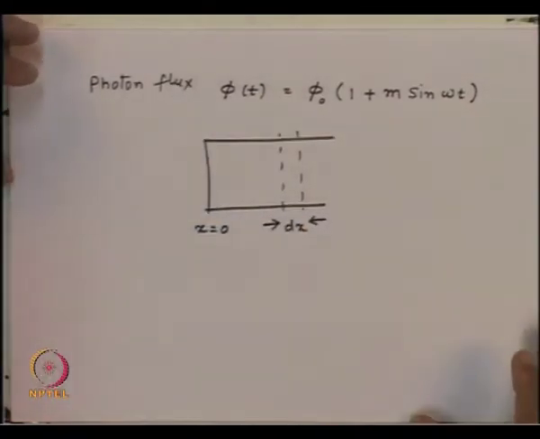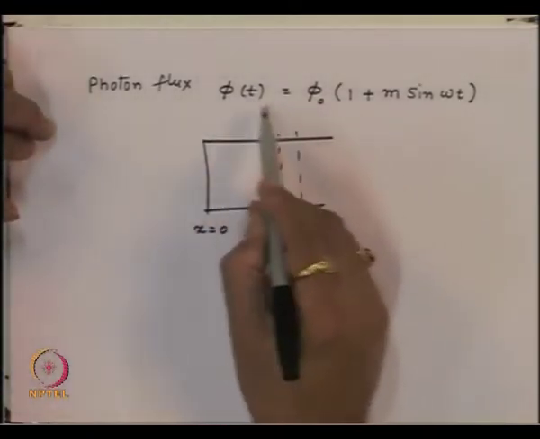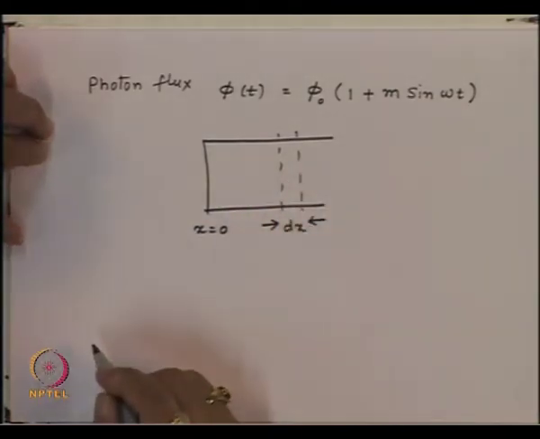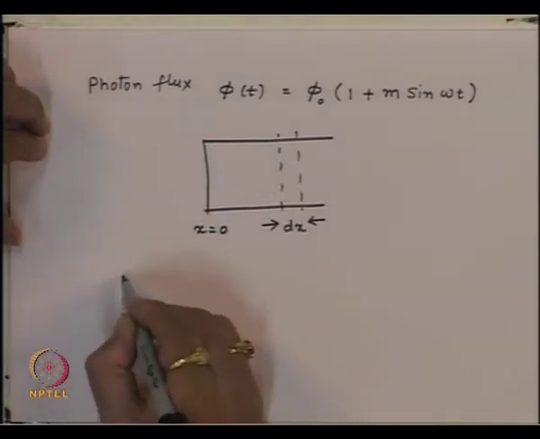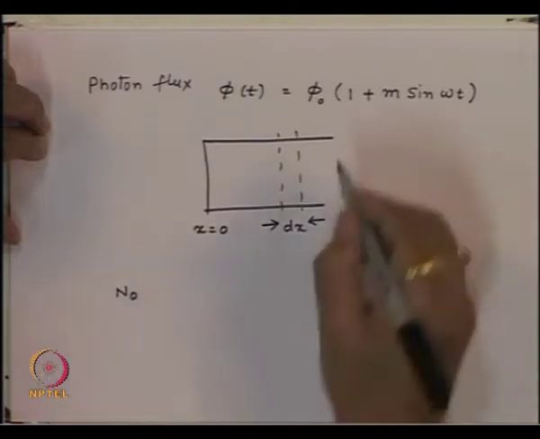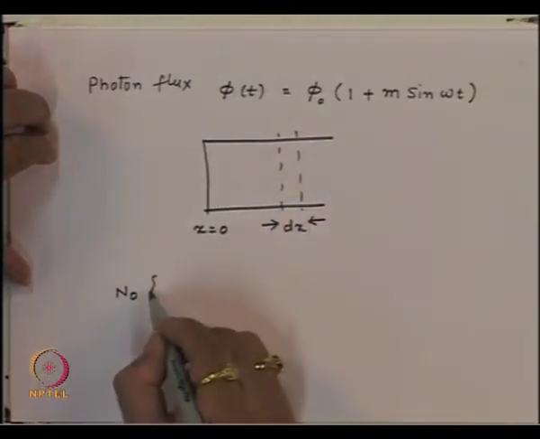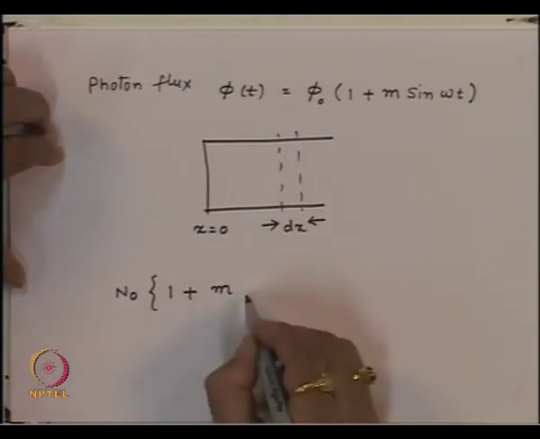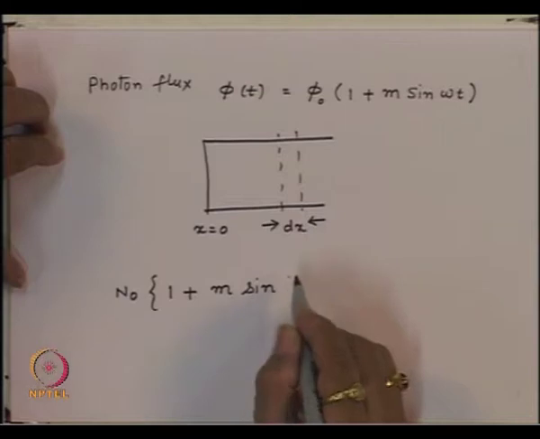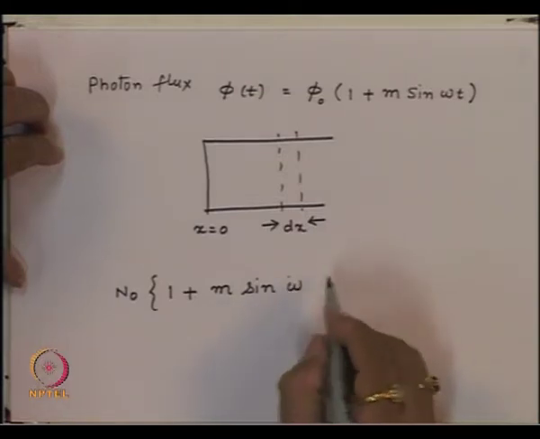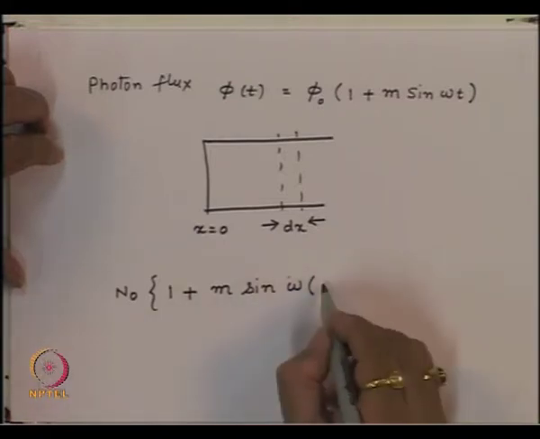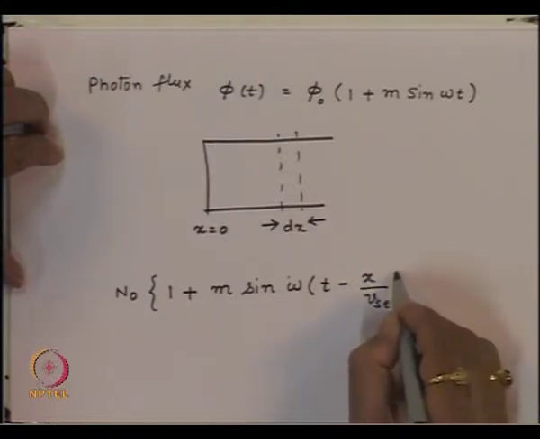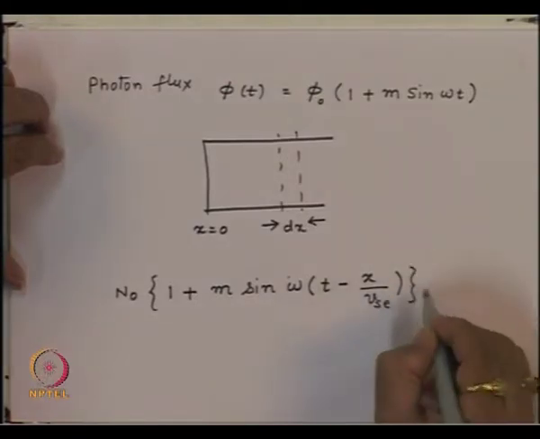So now if you are saying that the carrier generated in this region has the same form, then in this region the carrier which will be present at some time will be given as n0, which is proportional to this quantity phi 0 into 1 plus the modulation index m sine of omega t minus x divided by V saturation into dt.